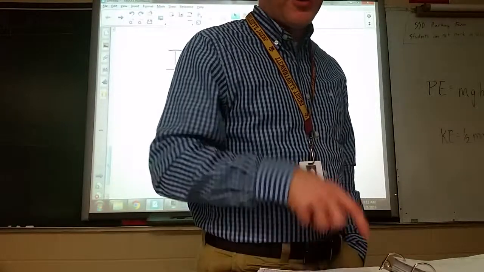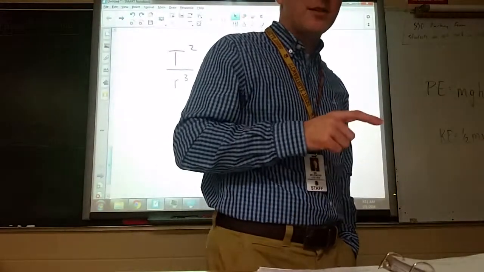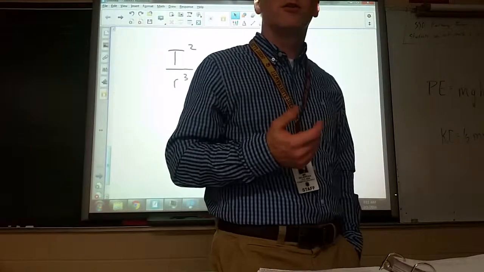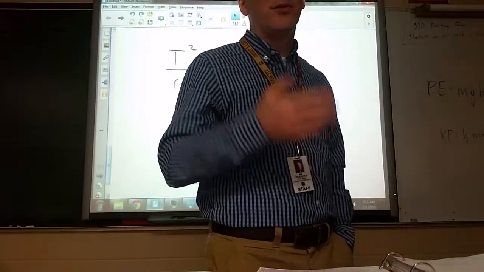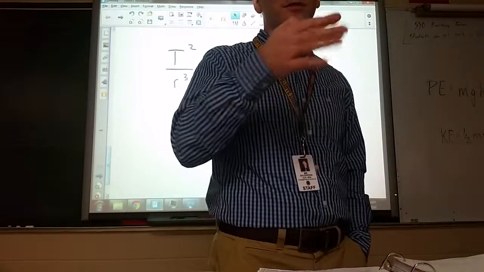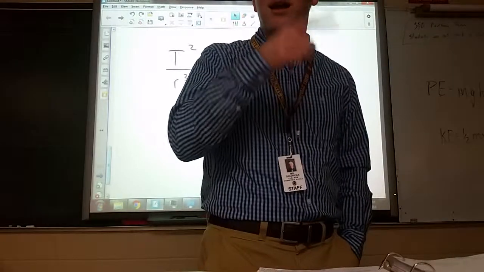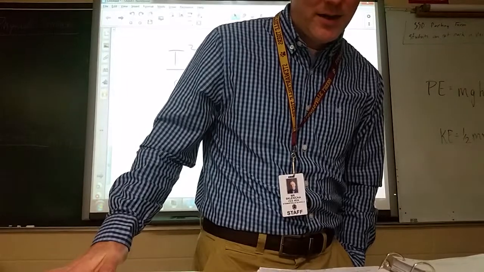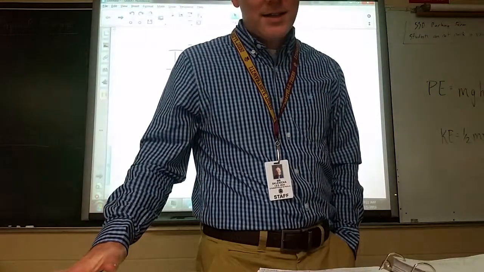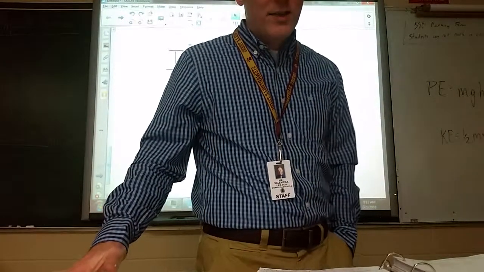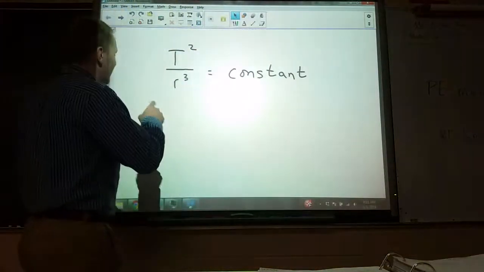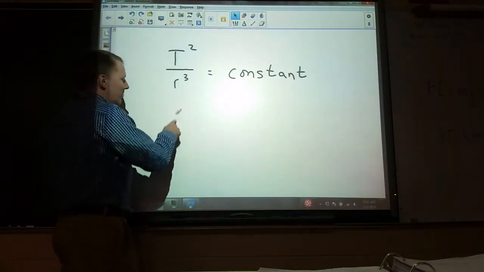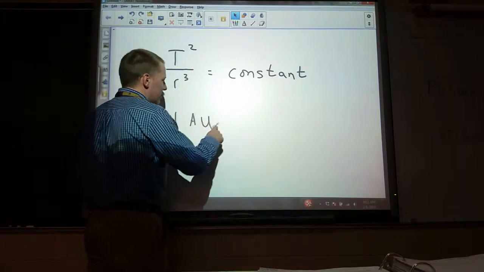And their average distance from the sun in AU, astronomical units, which is a unit based on the Earth-Sun distance. Earth is at 1 AU. So it's just the average distance we are from the sun. That 1 AU is Earth's distance.